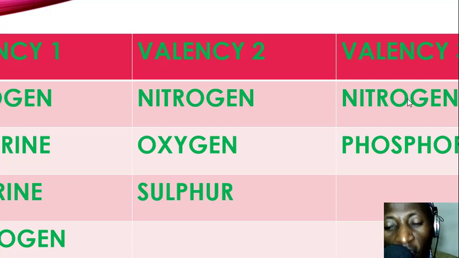An atom of nitrogen has a valency of 3. That means it requires 3 more electrons to be added to it so that it becomes stable. So that is the explanation why you find nitrogen featuring in the 3 groups with the 3 different valencies.